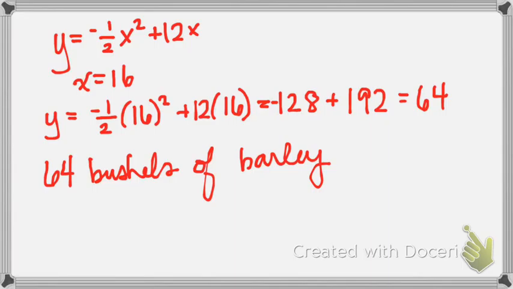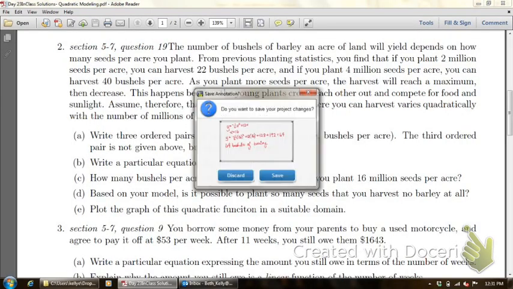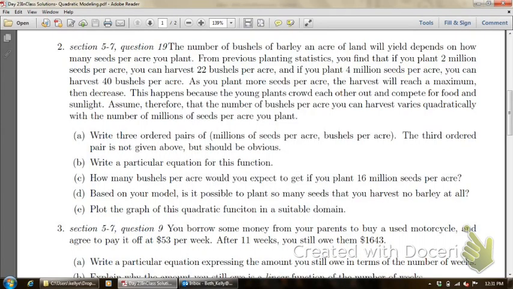Okay, so what's our next question? Based on your model, is it possible to plant so many seeds that you harvest no barley at all?